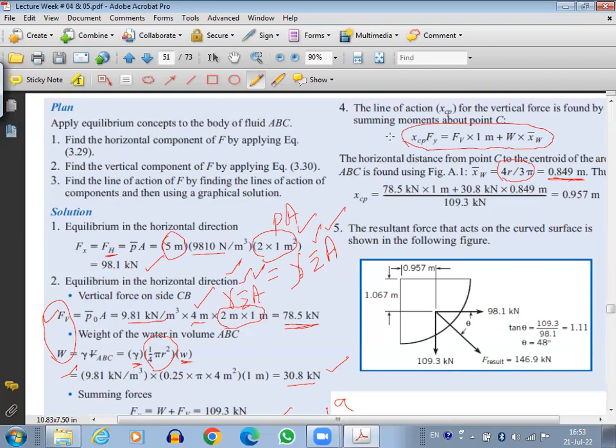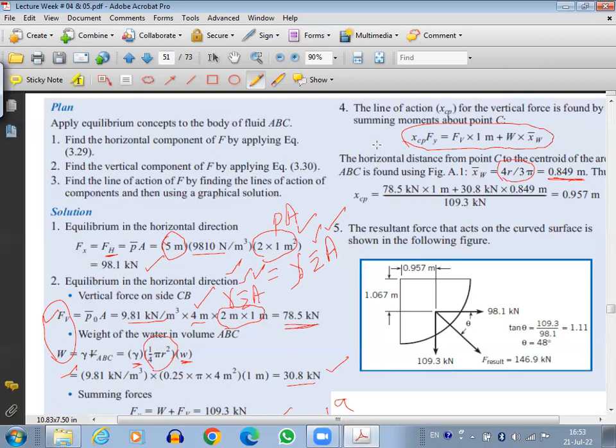So we can take the summation of moments at the origin point of this quarter circle. On this quarter circle, we need to know where the center of pressure is, the x component of the center of pressure.